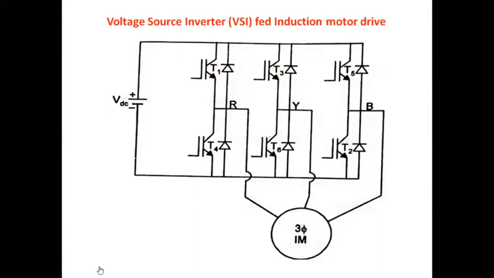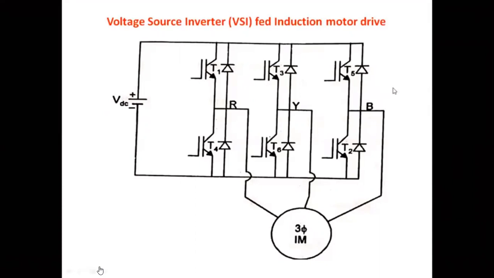Most probably we prefer 180-degree mode operation, so in this explanation also I am using 180-degree mode operation. It can again operate in two ways, either in PWM inverter mode or in stepped wave inverter mode.